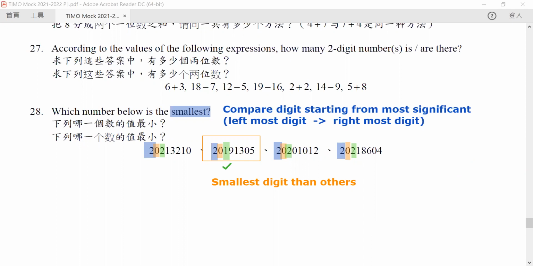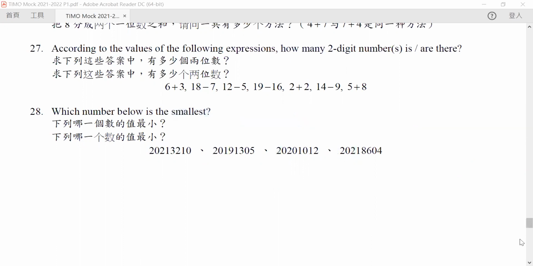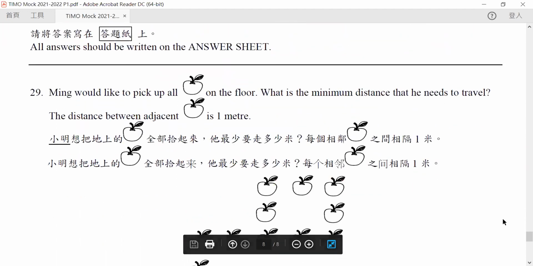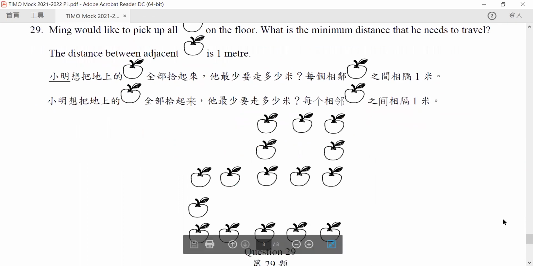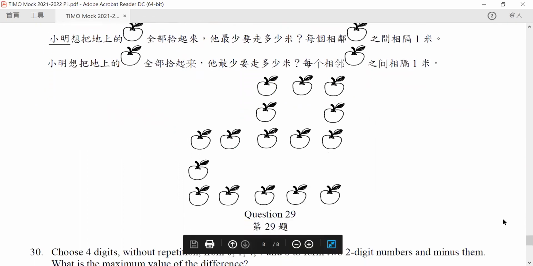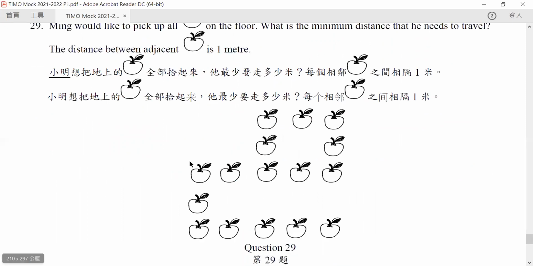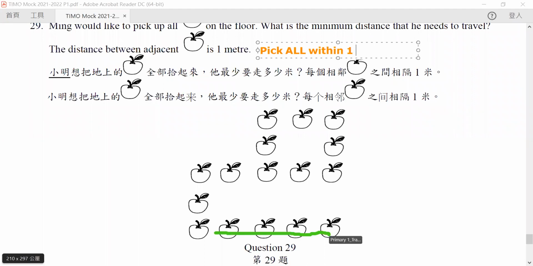Okay, so let's go to our next question. What's the minimum distance that you need to travel if the distance between adjacent ones is equal to 1 meter? So again, we want to pack them all up within one stroke.